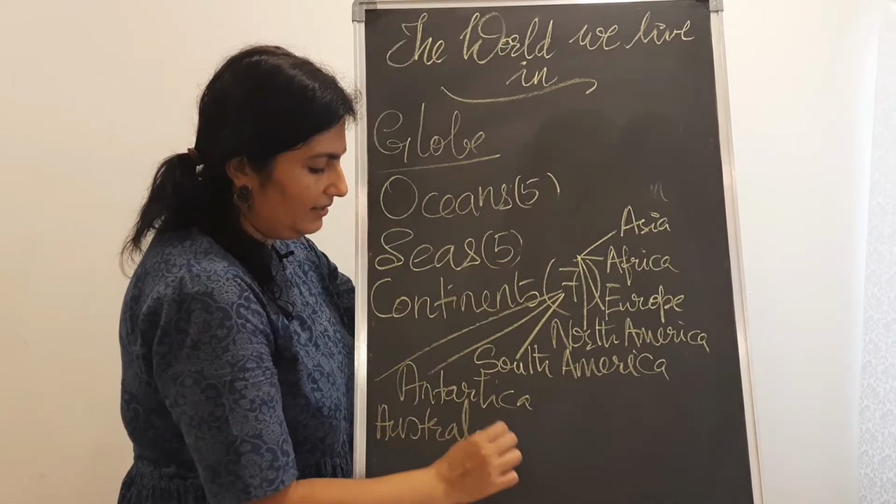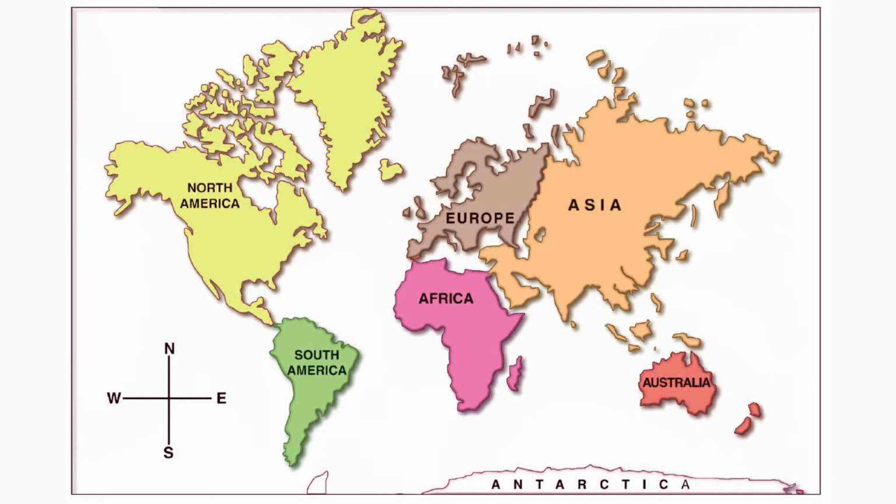These are the 7 continents: Asia, Africa, Europe, North America, South America, Antarctica, and Australia.